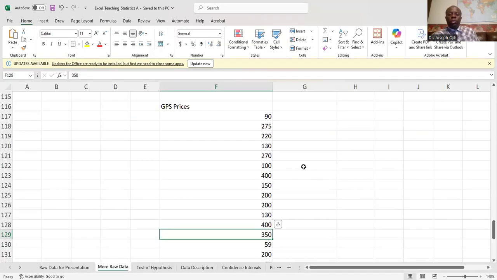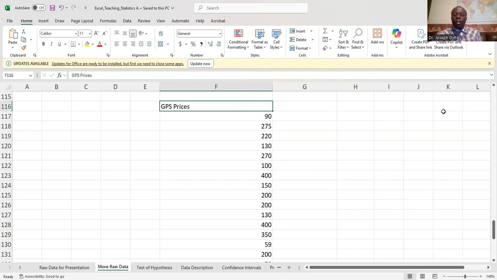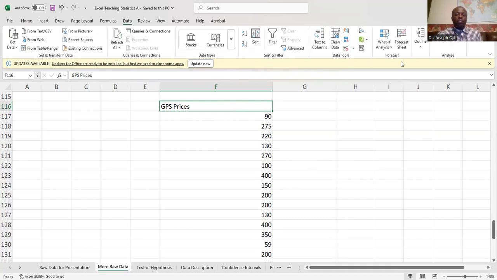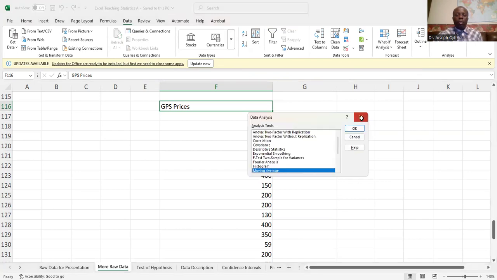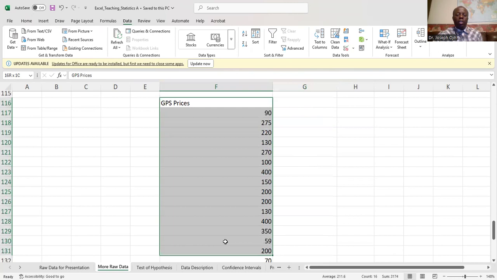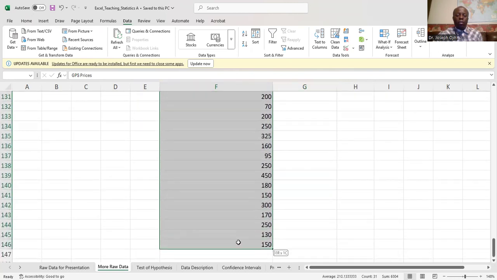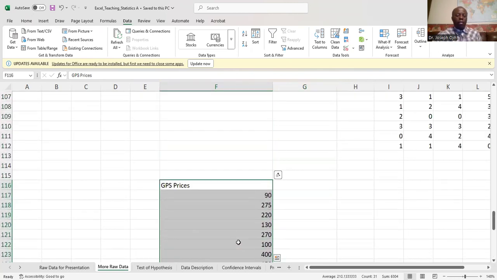So to use Excel to construct a frequency distribution for this, what you have to do is click on it, and then click on data. Excuse me, sorry, my mistake. Let me put it in a new spreadsheet because this one is correct. There's another data set here. So I'm going to copy this and put it in a new workbook.